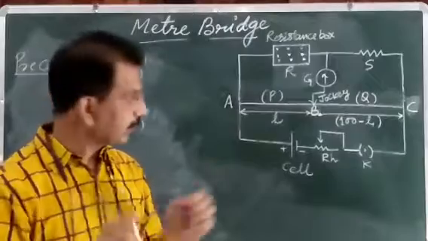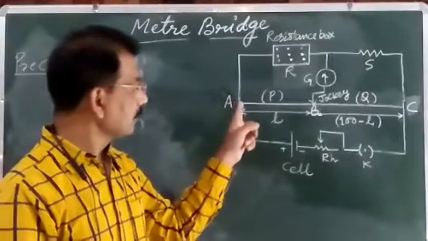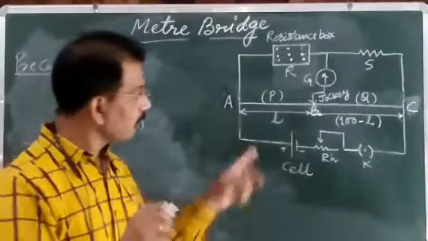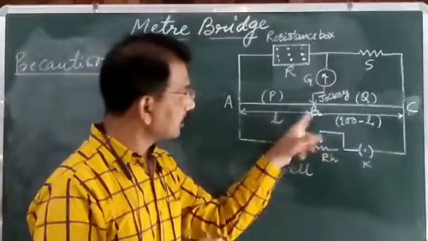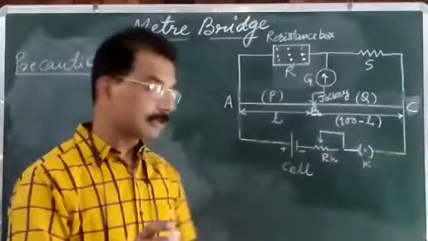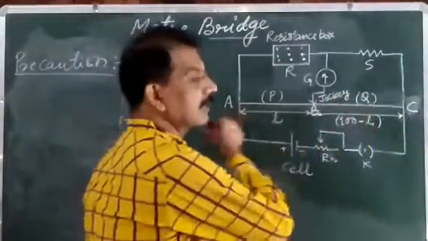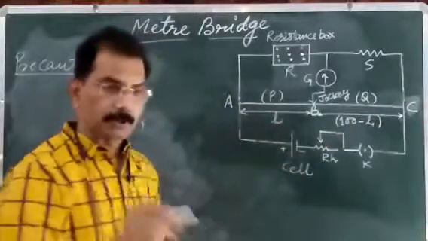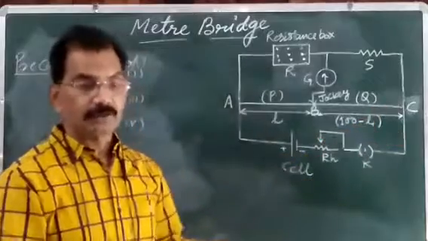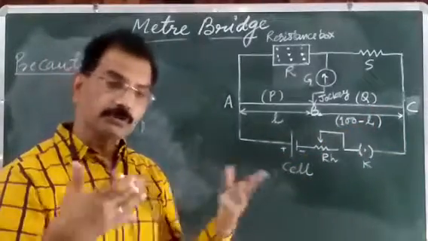Especially, make sure you keep this one in mind: do not allow the current in wire AC for a long time. Don't rub the jockey on the wire AC. I am saying not to rub it, but I know that during the experiment all of you start to rub, but please avoid it. Otherwise, the thickness of this wire AC will change, and when thickness changes, the resistance will also change.